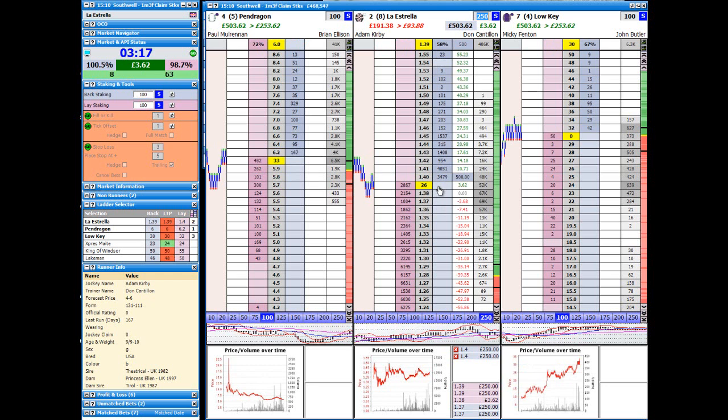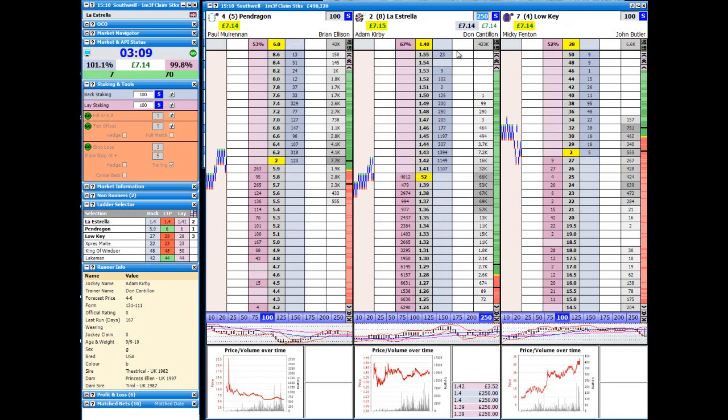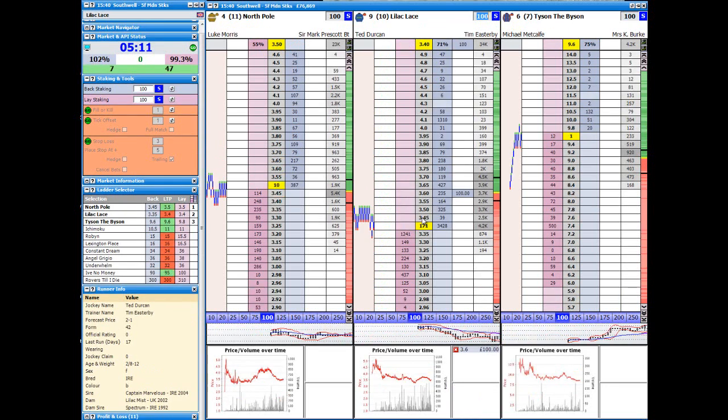I thought it was going to bounce around between 1.39, 1.41. Matched again, £500, just one tick. And now we can hedge. Take a £7 overall profit on that one.